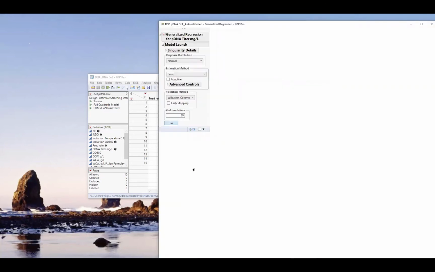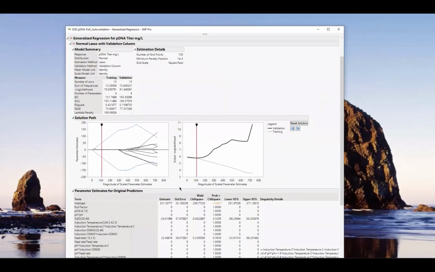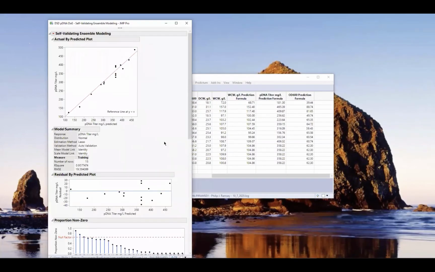Remember, the auto-validation set already exists in the background. Okay. And we're done. What we get as output is an actual by predicted plot. It looks like we have a pretty good fit. And I want to point something interesting out, and this is a subtlety. That augmented full quadratic model had 40 potential predictors.